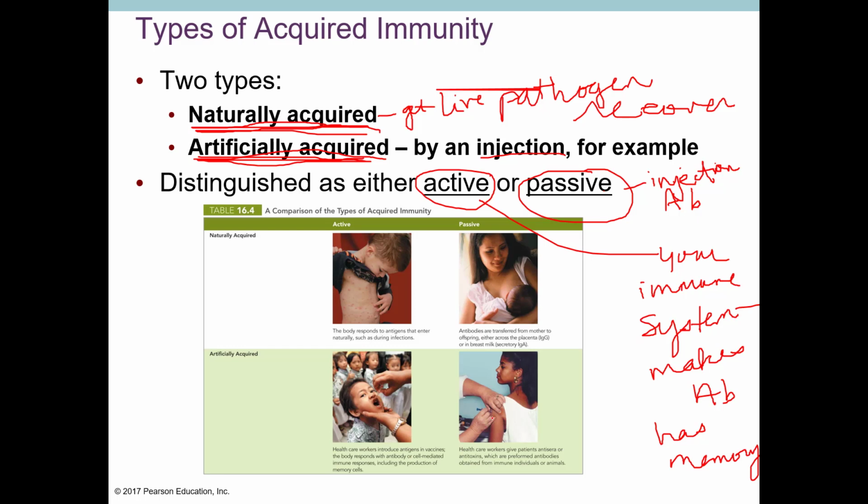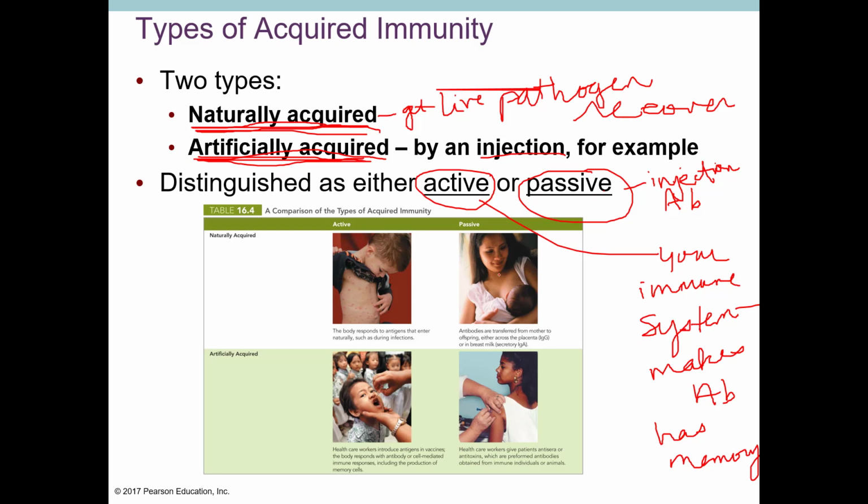Sometimes people who have immune deficiency get injections of antibodies, but they have to keep going to the hospital and getting the injections because they don't have any memory cells that can live long term. They have to keep getting more injections. There is, though, sometimes you can get a passive immunity that is natural, and the main example of that would be breast milk.